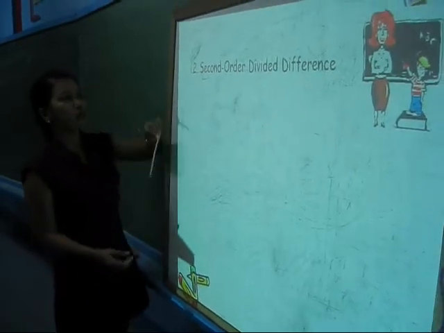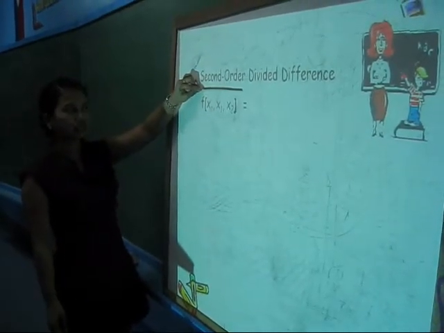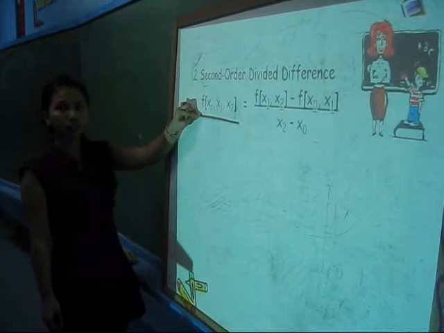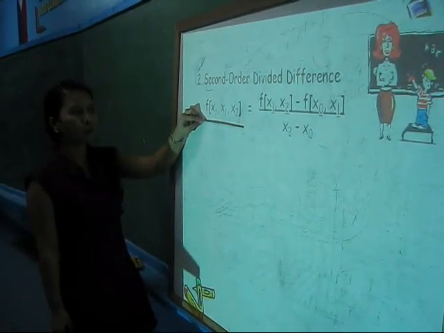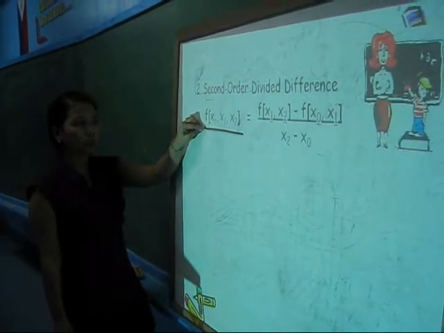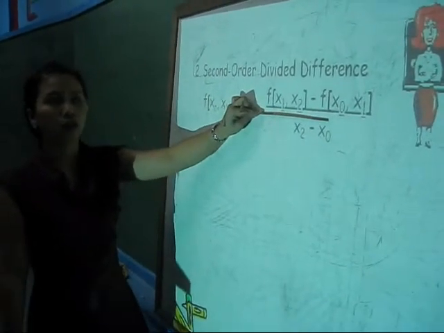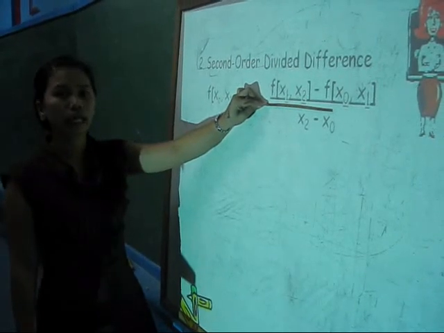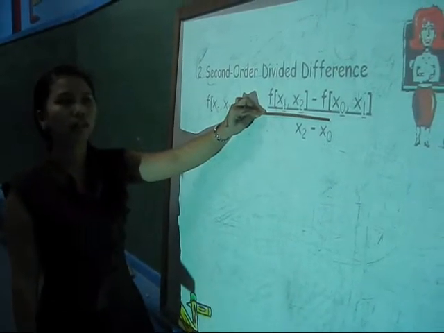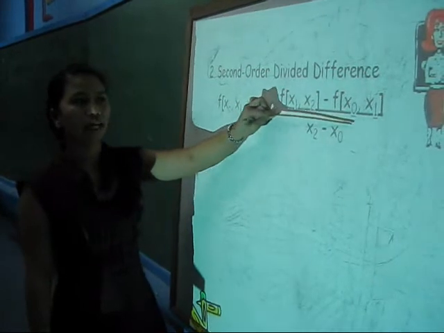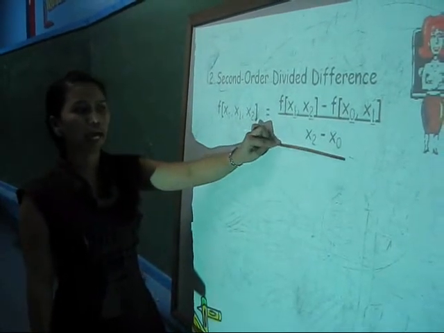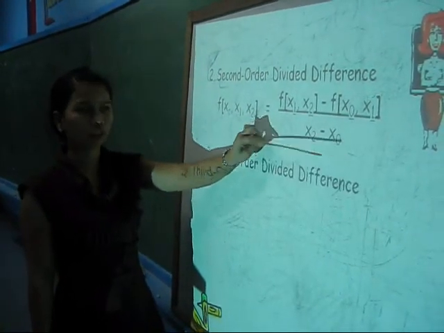The second order divided difference has this formula. The divided difference between x of 0, x of 1, x of 2 is equal to f of x of 1 and x of 2 minus f of x of 0 and x of 1, divided by x of 2 minus x of 0.